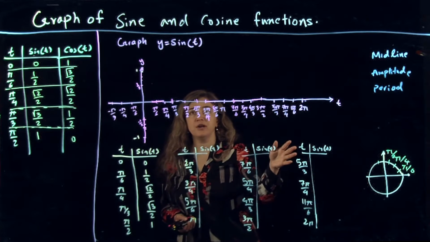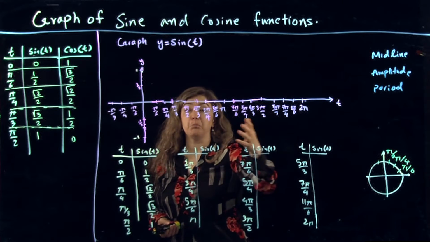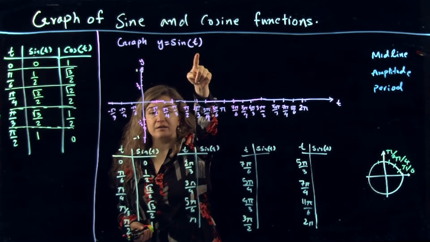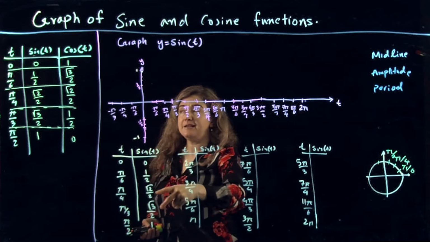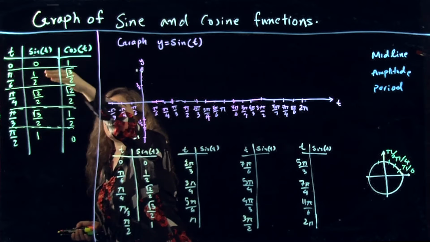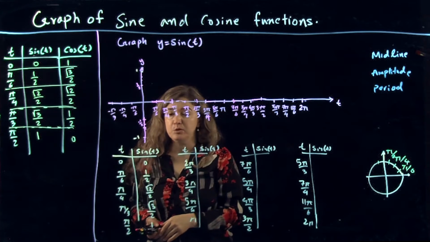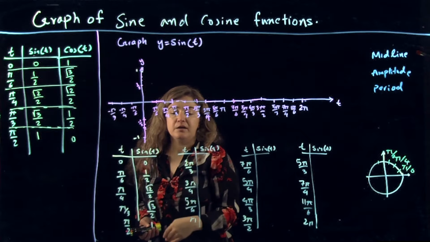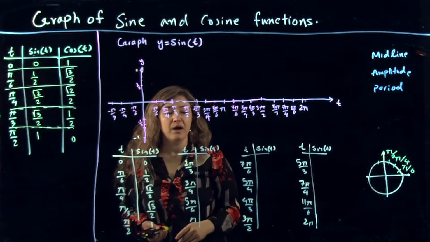And then what I want to do, again by plotting, is plug every value into the sine function. I've already done that, using the first column of the table that we use. It's 0, 1/2, square root of 2 over 2, square root of 3 over 2, and 1.